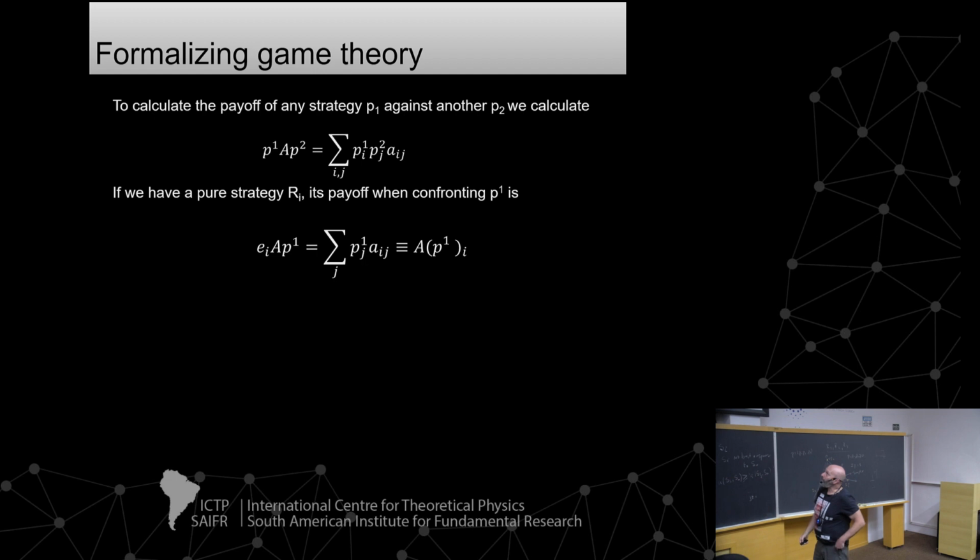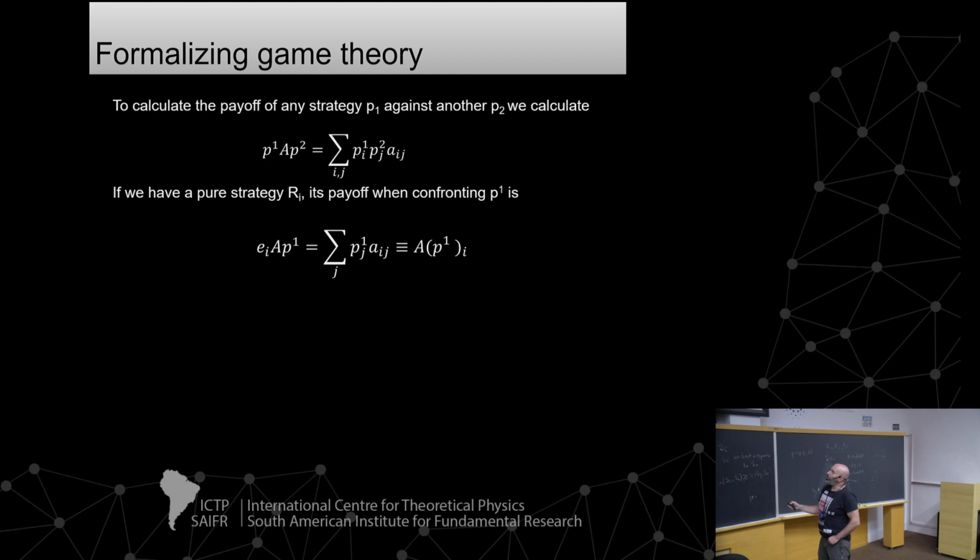So if I want to calculate the payoff of any strategy P1 against another strategy P2, the only thing I need to do is just to make this multiplication of the vector P1, that is the vector representing the mixed or pure strategy 1.